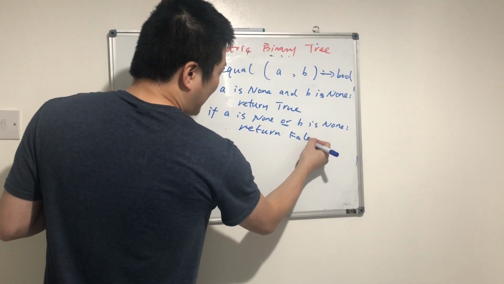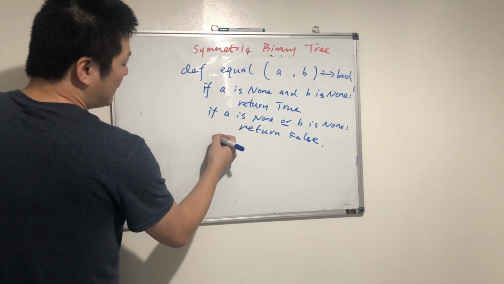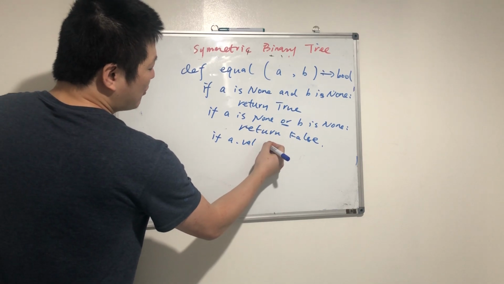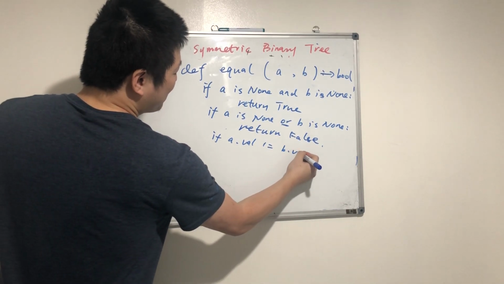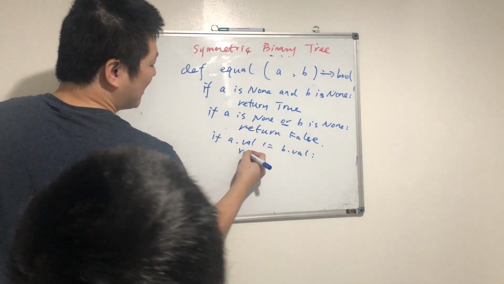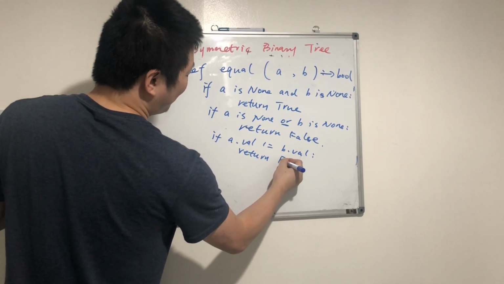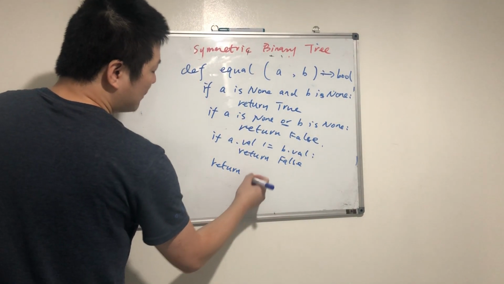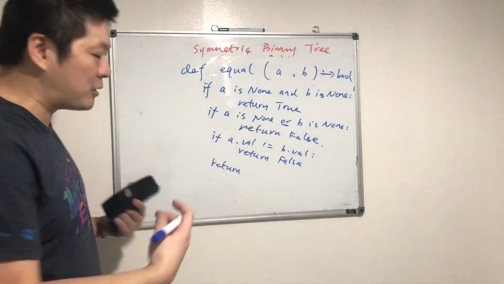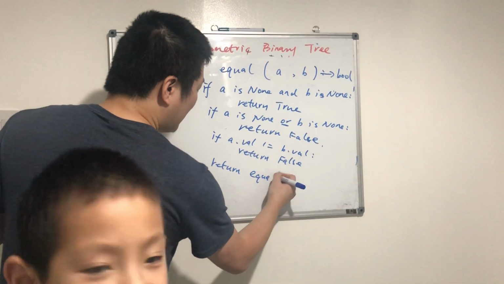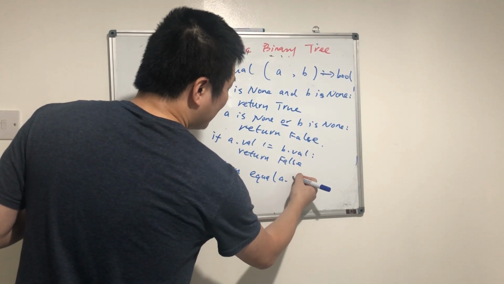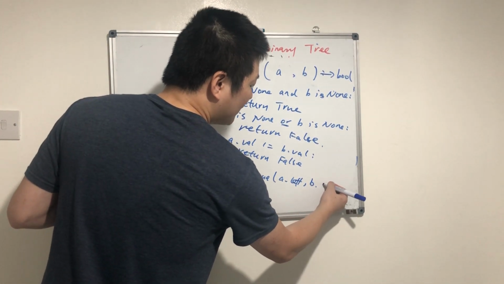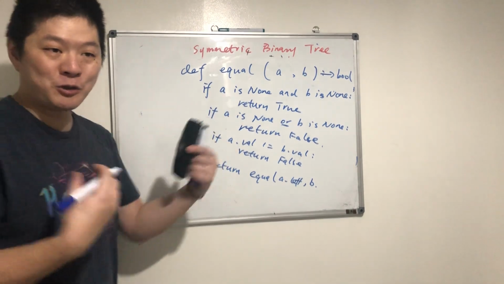Okay, then let's say if A dot value not equal B dot value, what should we return? False, because they are not equal. And otherwise we return True? Not yet. We need to check if both subtrees are equal: A dot left and B dot left.